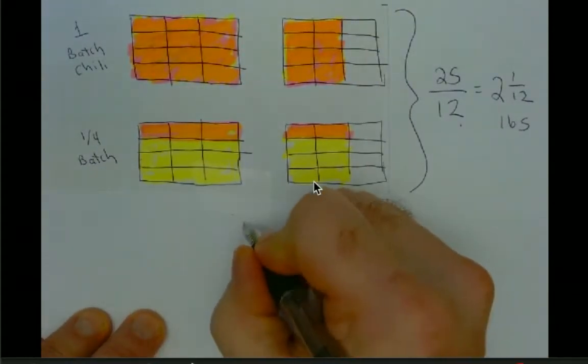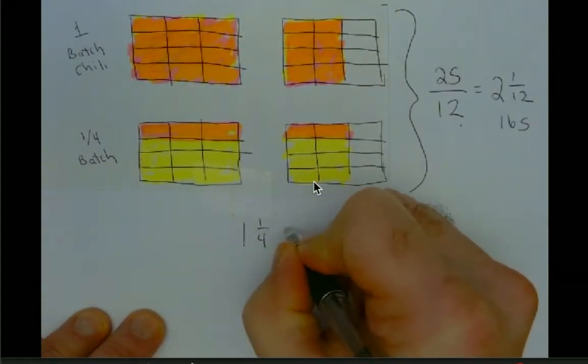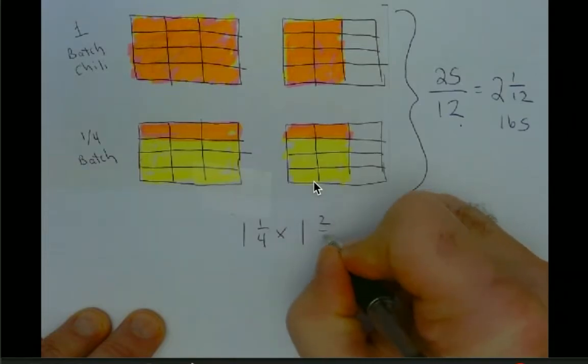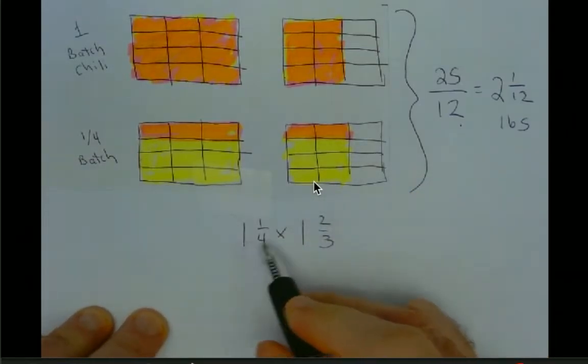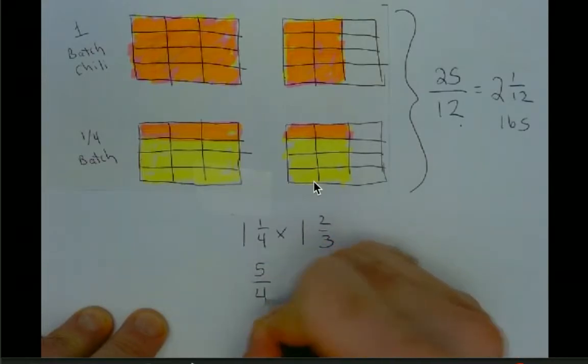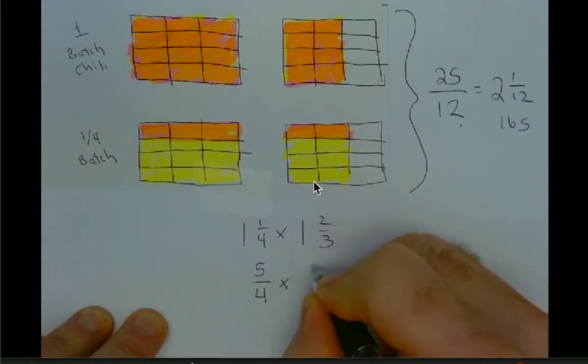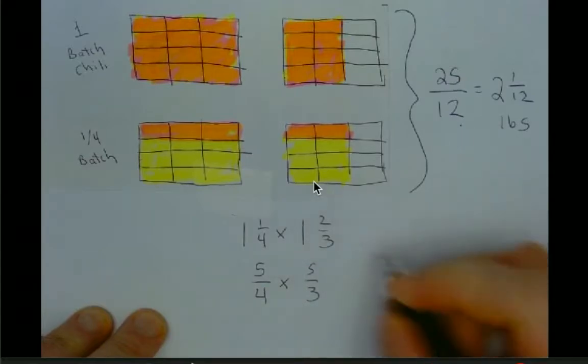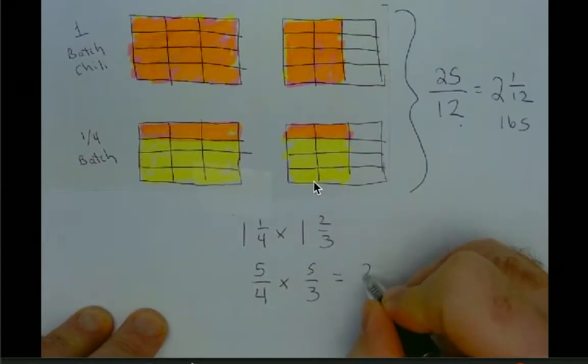So if we take a look at 1 1/4 times 1 2/3, one way to do that is to change these into fractions greater than 1. So we could see this as 5/4 times 5/3. And when we multiply across, we get the answer of 25/12.